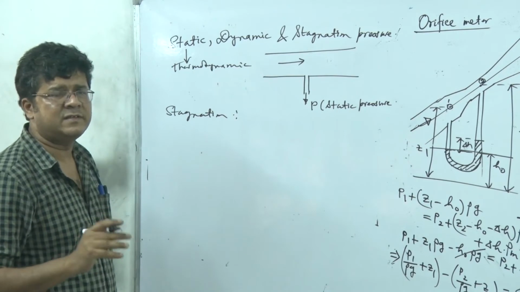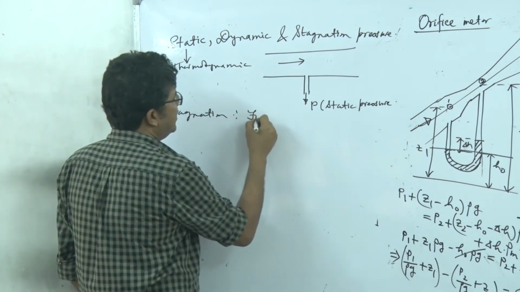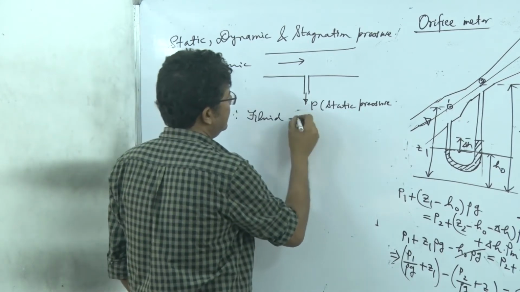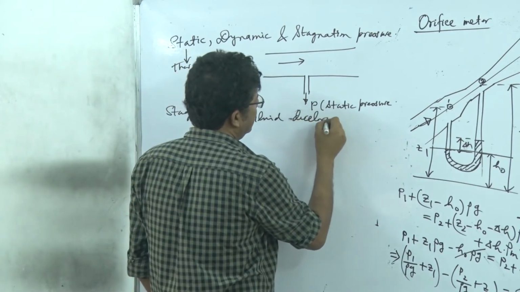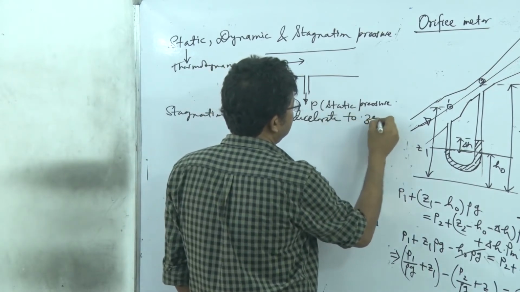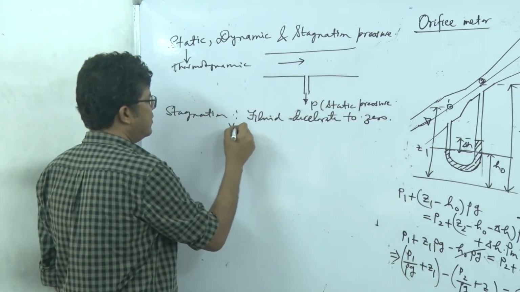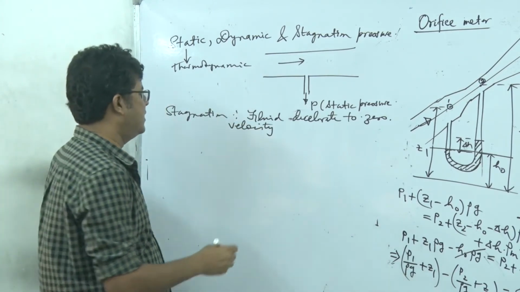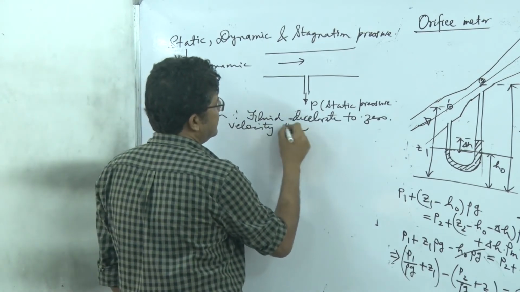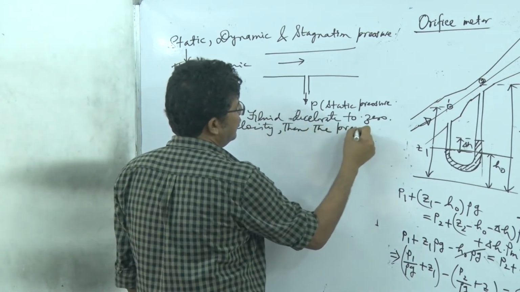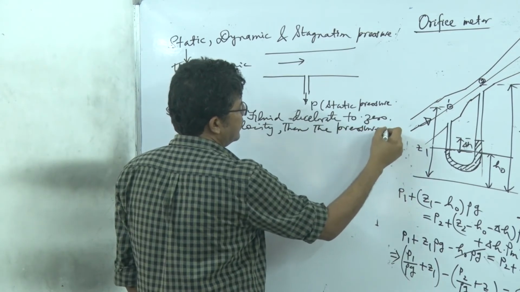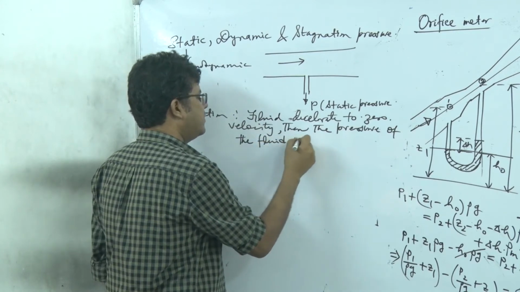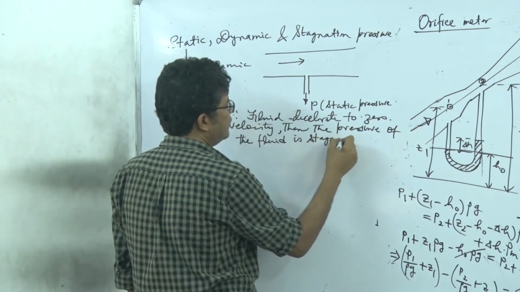Next, stagnation pressure. If a fluid is decelerated to zero velocity, then the pressure of the fluid is the stagnation pressure.